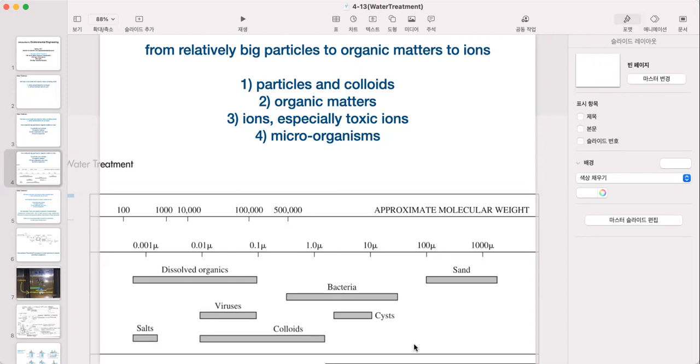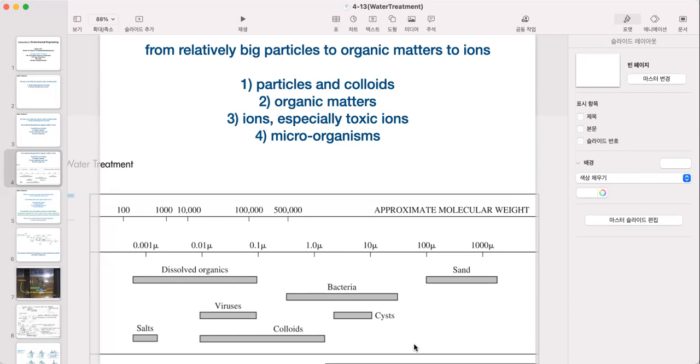So, molecular weight. Molecular mass. Molecular mass is the more strictly right terminology, but customarily we've been using molecular weight as well.